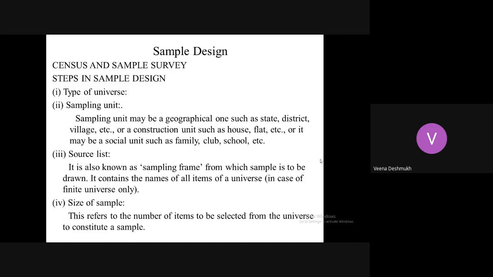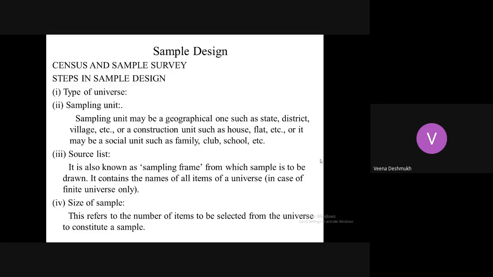The next parameter is the source list. It is also known as a sampling frame, from which the sample is to be drawn. It contains the names of all items of the universe, in the case of a finite universe only. What I mean by a finite universe is that the population size is not infinite. It is not that you cannot collect the information.